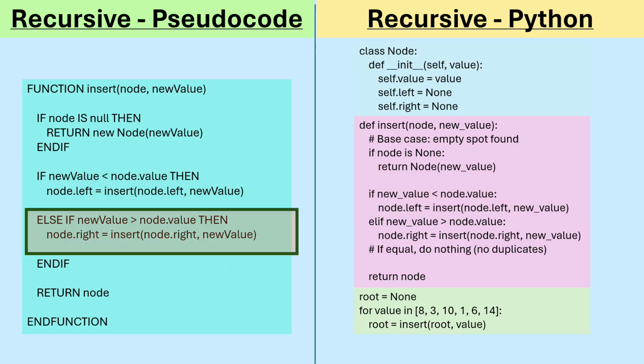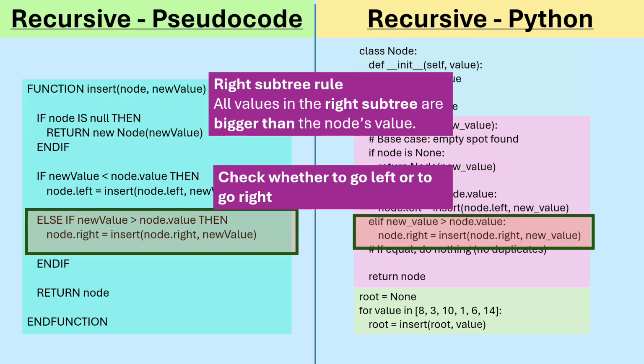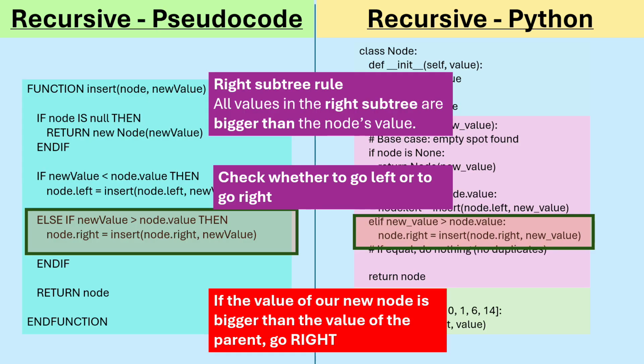If it's not going to the left, then it means the number must be bigger. So the right subtree rule: all the values in the right subtree are bigger than the node's value. This is checking whether it goes to the right. If the value of our new node is bigger than the value of the parent, then we are going right.